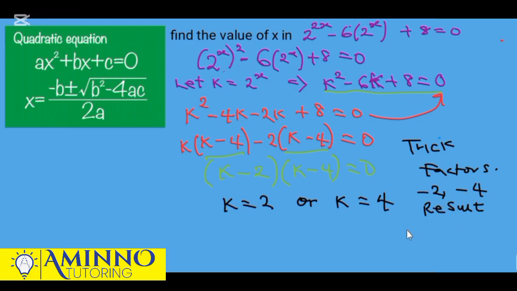So the opposite of -2 should be +2. The opposite of -4 should be 4. So if you get your factors, the reverse of your factor is your solution.